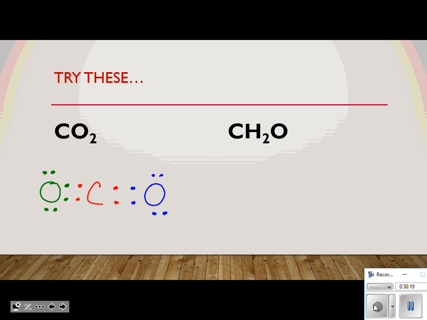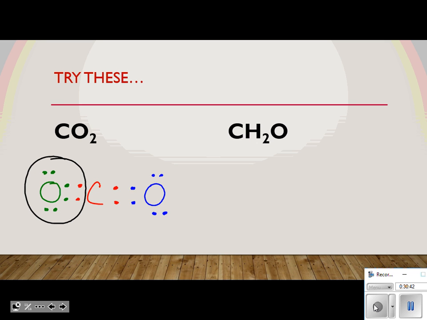No, we would be missing. We wouldn't be obeying the octet rule. But as I look at each one of these, if I draw my circles, oxygen has 6 valence electrons of its own, the 6 green ones, and it shares the 2 with carbon. So is that oxygen obeying the octet rule?